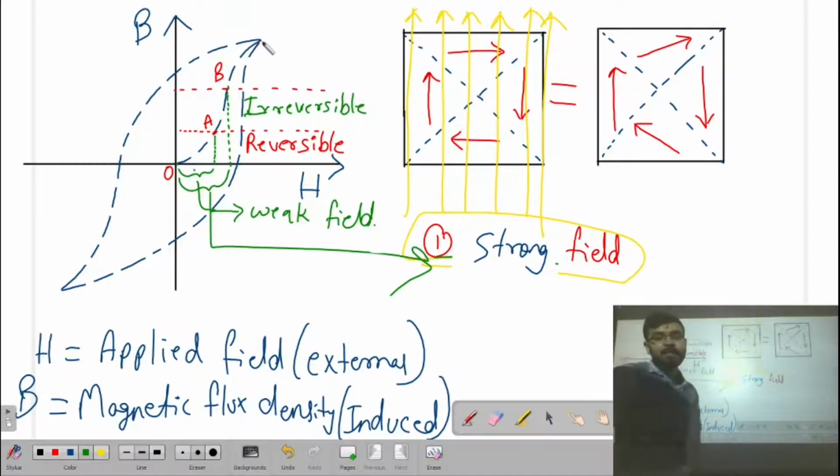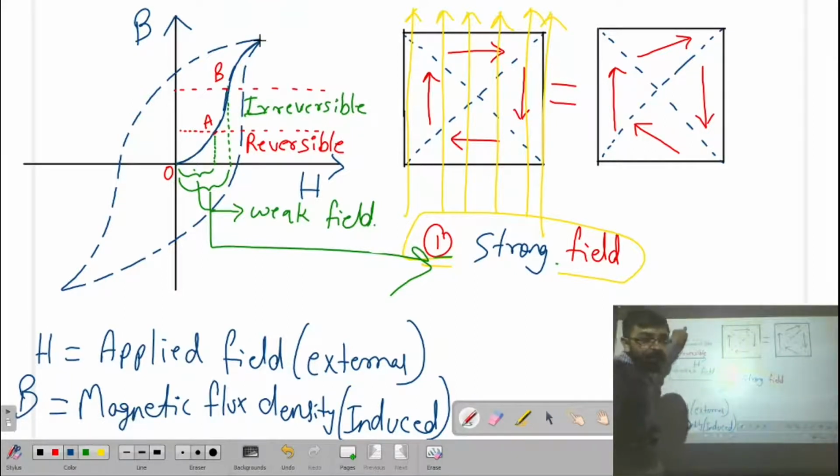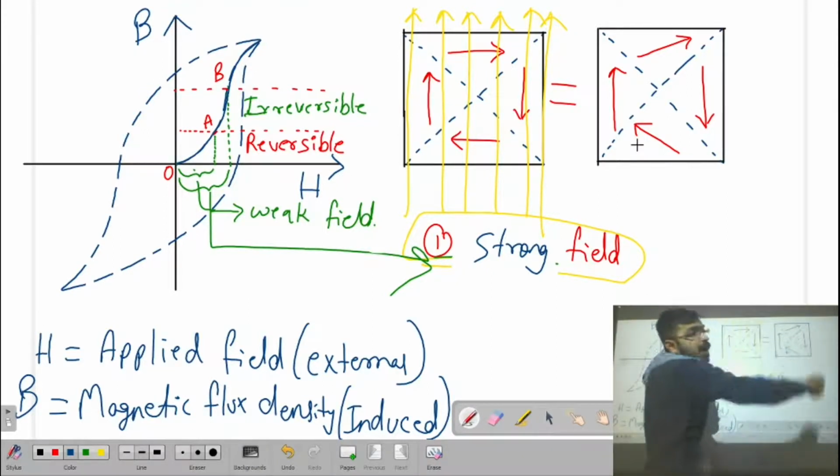This is the point where it is going to saturate. Let me harden the line so that you can understand. This is the whole region of magnetization with rotation of the domain walls.